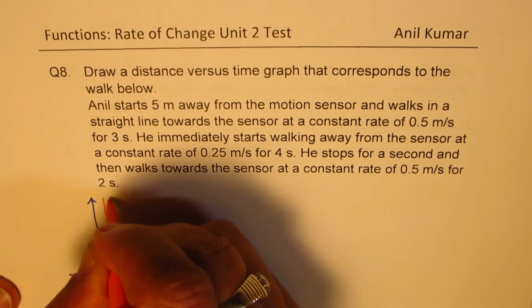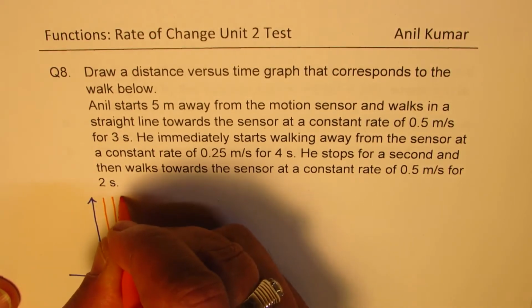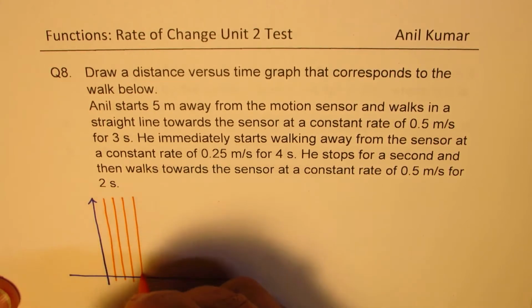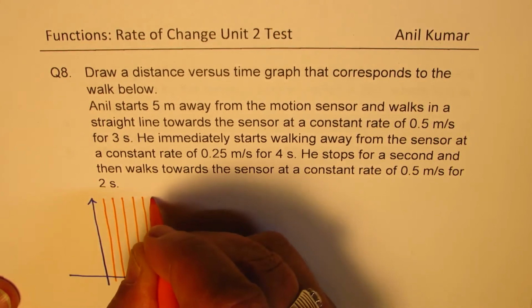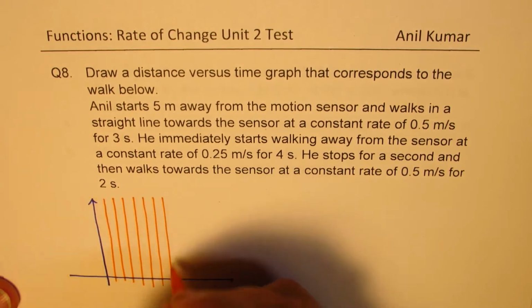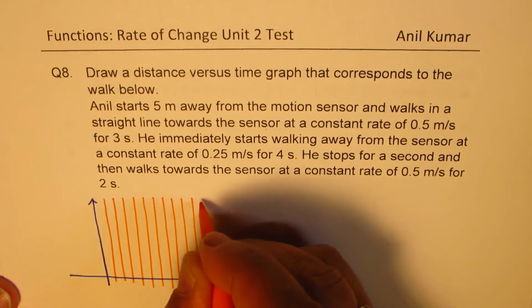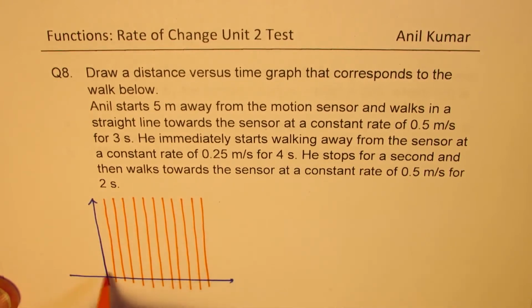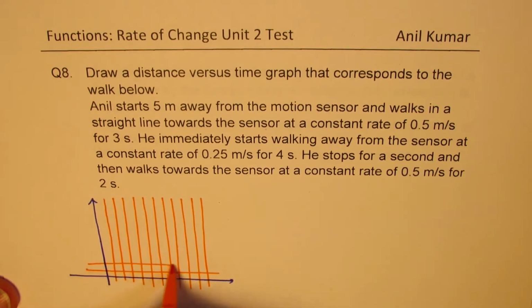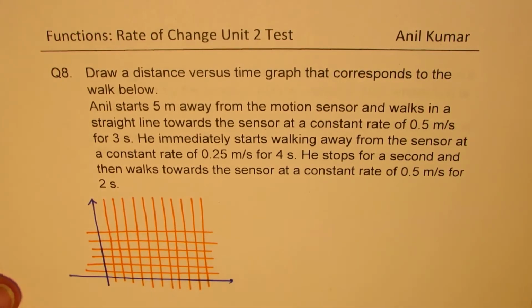So we have 1, 2, 3, 4, 5, 6 vertically. And horizontally we'll have 1, 2, 3. Okay, so we are talking about distance with time.